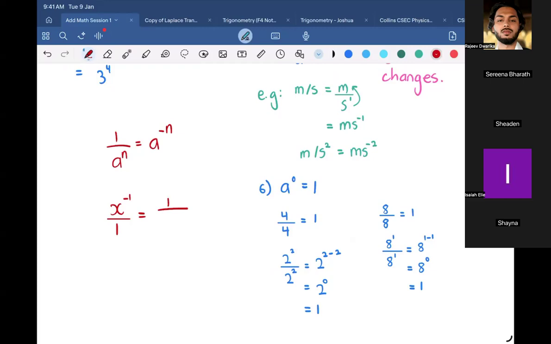So I would now end up with 1 all over x to the power 1. 1x is the same thing as x, so we could just write 1 over x. Simple, right? Some of you understand that. Cool. So when you have everything on the screen copied down, just tell me.